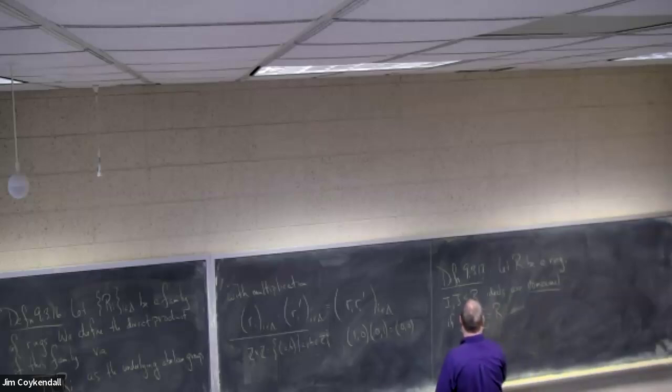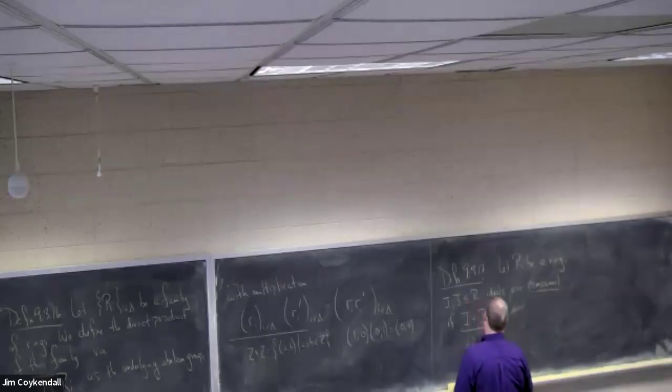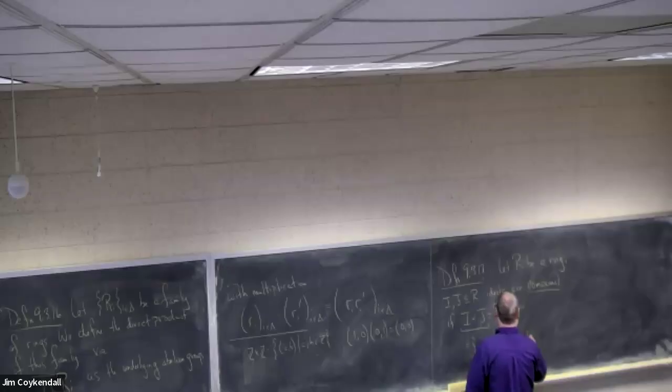Remember what this is, it's the set of things that look like alpha plus beta, where alpha is in I and beta is in J.